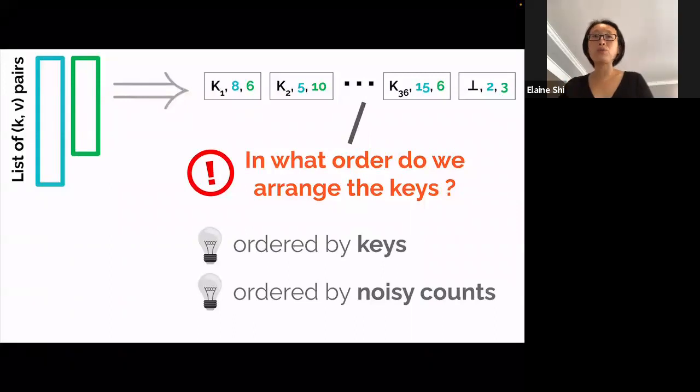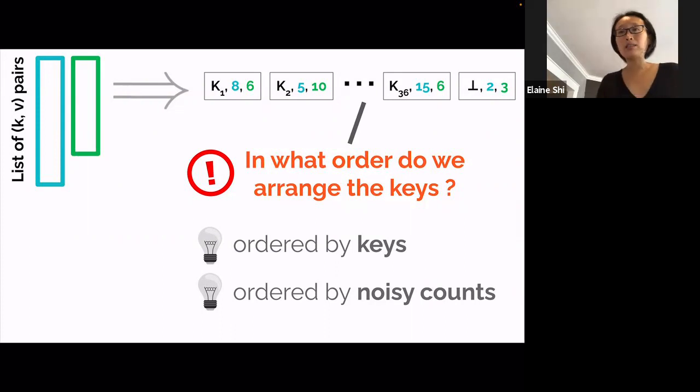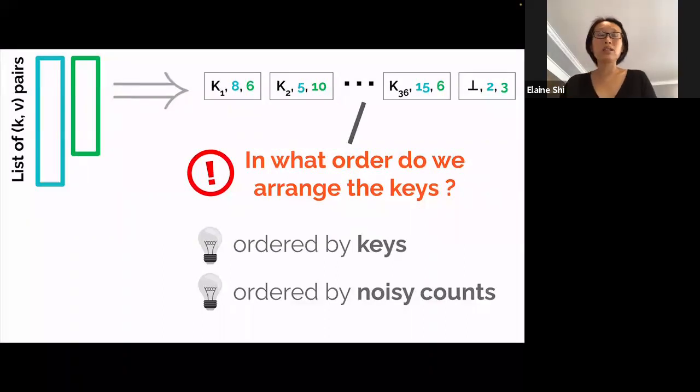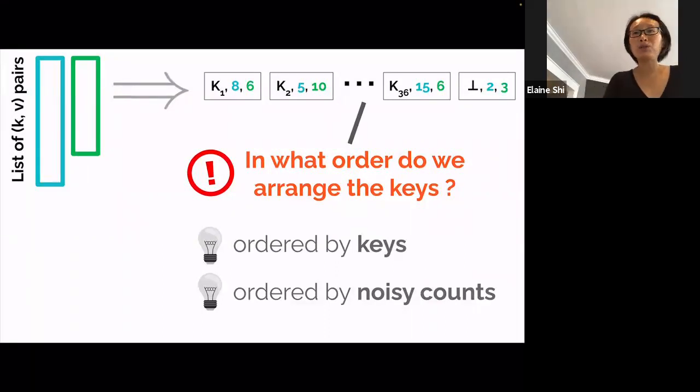So there are two natural options. We can sort them based on the keys themselves, or we can sort them based on lexicographical ordering of the noisy counts. Now I'm going to ask you to think: which of these two would you pick?